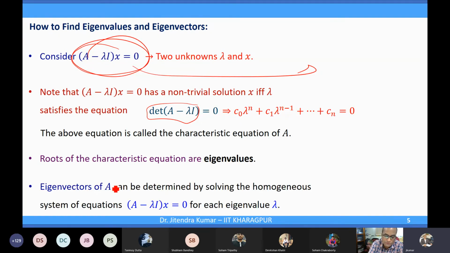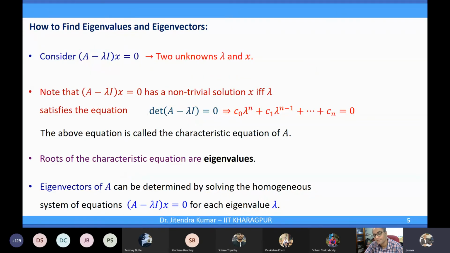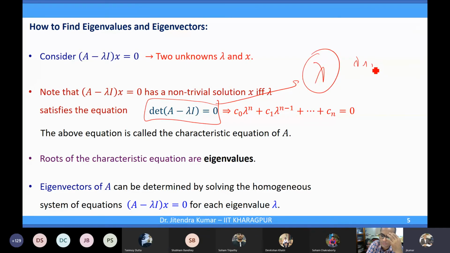So the eigenvectors of A can be determined by solving the homogeneous system of equations for each eigenvalue lambda. Is this slide clear to all of you? So first we will find the lambda out of this condition. We got lambda 1, lambda 2, lambda 3, up to lambda n.